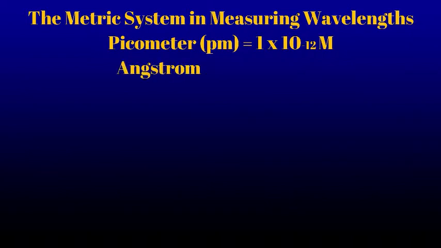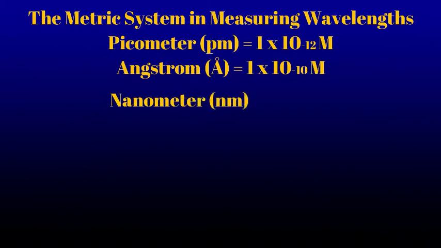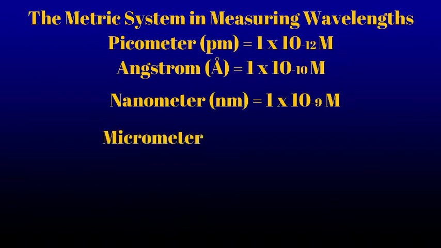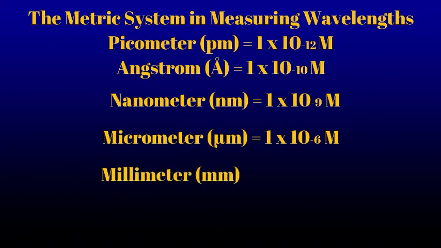An angstrom is 1 × 10 to the negative 10 meters. A nanometer is 1 × 10 to the negative 9 meters. A micrometer is 1 × 10 to the negative 6 meters. A millimeter is 1 × 10 to the negative 3 meters.